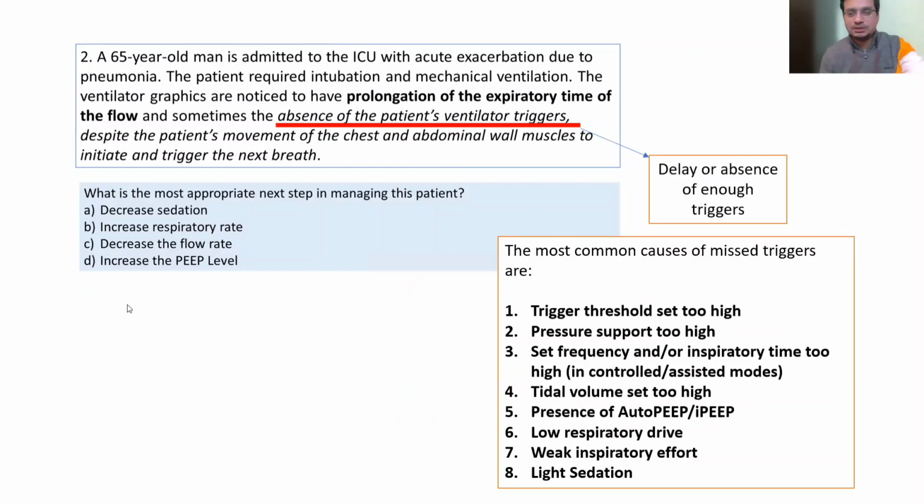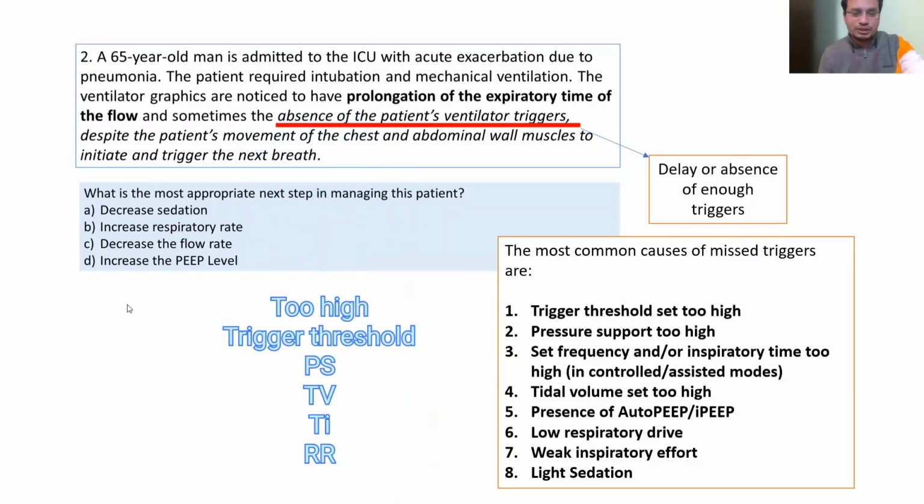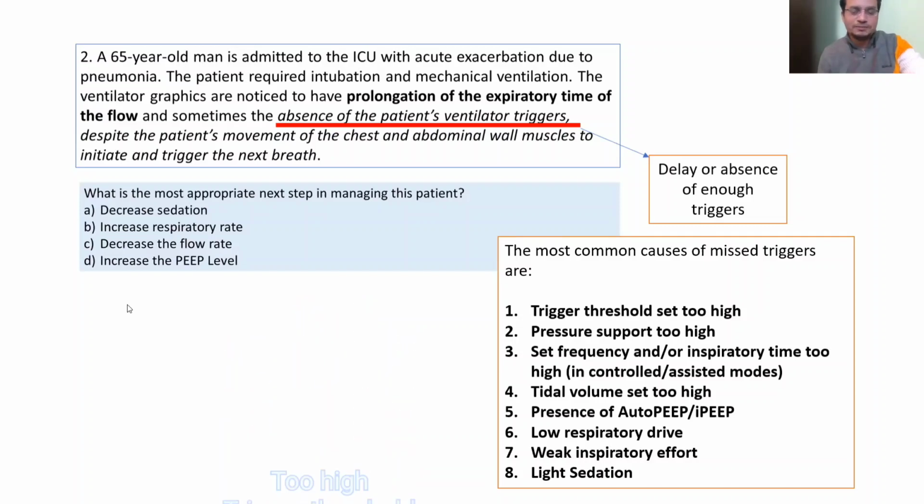You must remember, now, what are the common causes? There are about seven to eight causes you must remember. When you set the threshold of triggering too high, or the tidal volume too high, or the pressure support too high, or the respiratory rate or respiratory time too high. These are the situations where you would definitely get ineffective triggers.